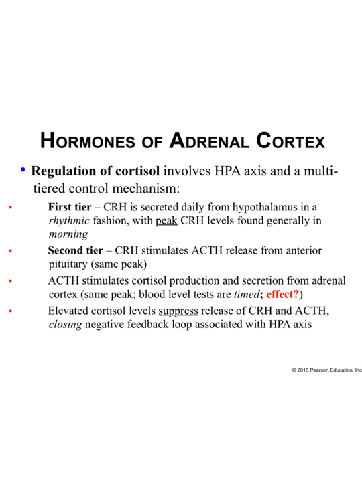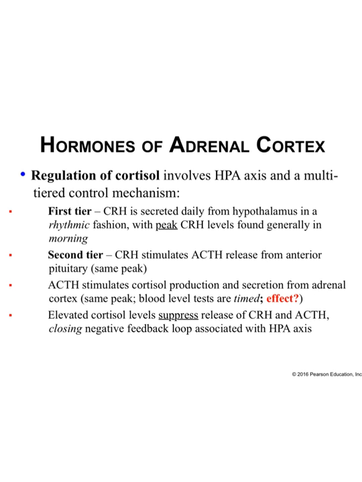Okay, so regulation of cortisol is going to involve the hypophyseal portal adrenal axis system that we discussed previously. So again, first here is going to be the hypothalamus. CRH is made by the hypothalamus basically at a rhythmic fashion, meaning constantly.